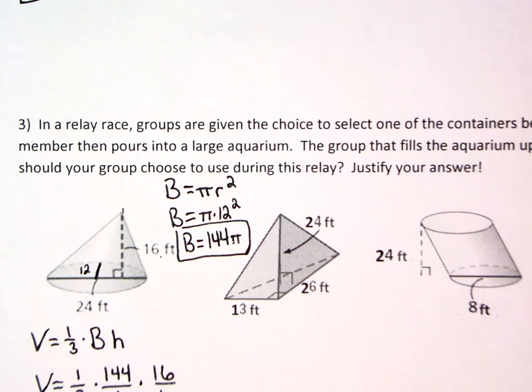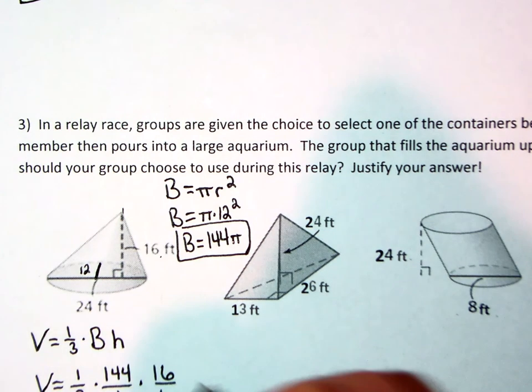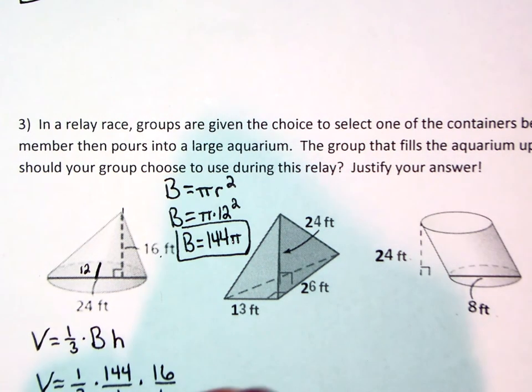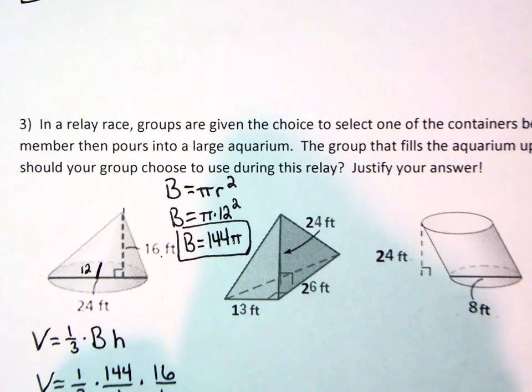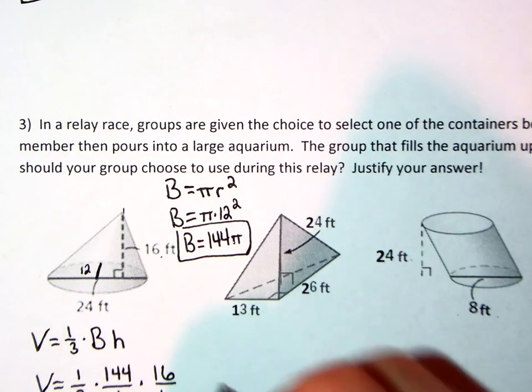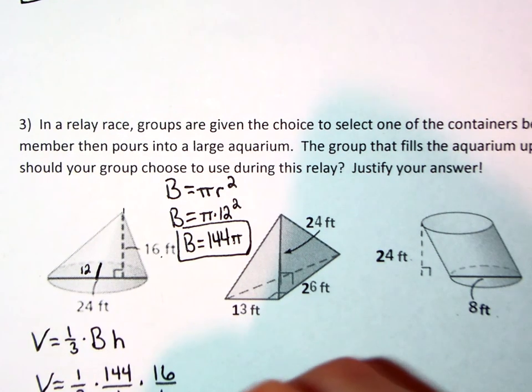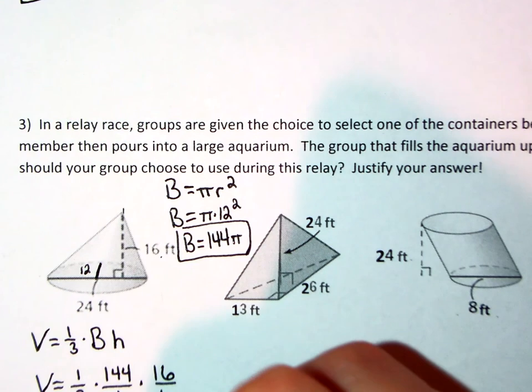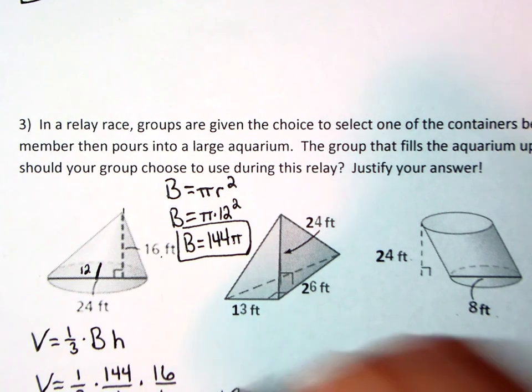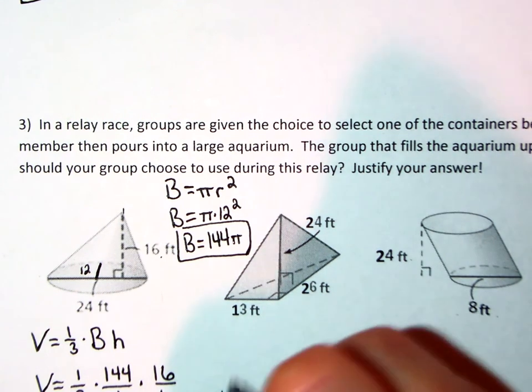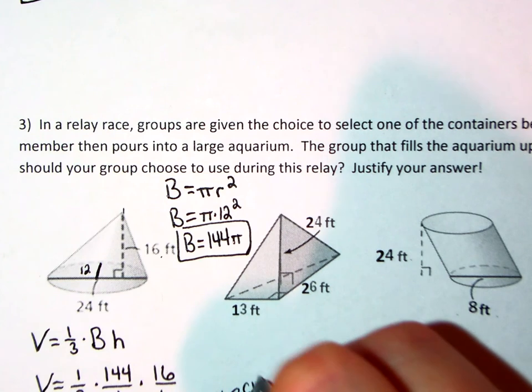I will multiply straight across, so 1 times 144 times 16 is equal to 2304. 3 times 1 times 1 is 3. So my volume for this cone is 768 feet cubed.